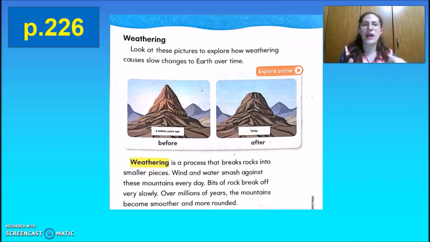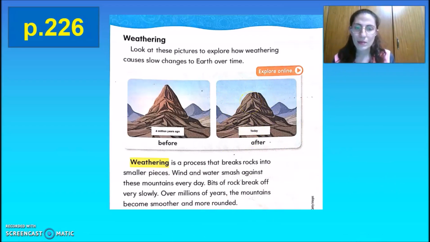They hit the mountains, okay? They keep on hitting the mountains, and the rocks become weaker and start to break off into smaller pieces slowly, year after year. The mountains become smoother and more rounded, as we can check in the picture.